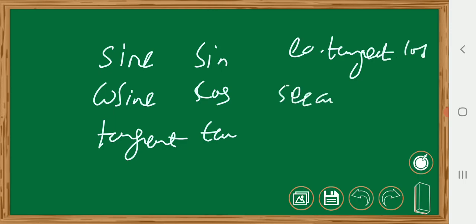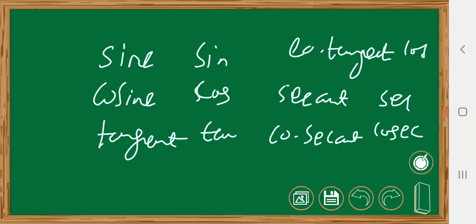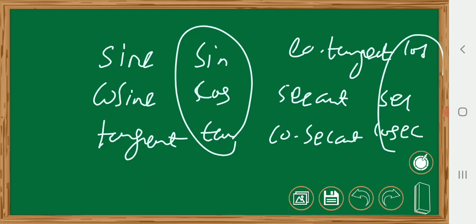Secant, that is sec. Cosecant, that is cosec. These are the functions of trigonometry. These six functions: sin, cos, tan, cot, sec, and cosec. These are the six functions. So how do we represent them?